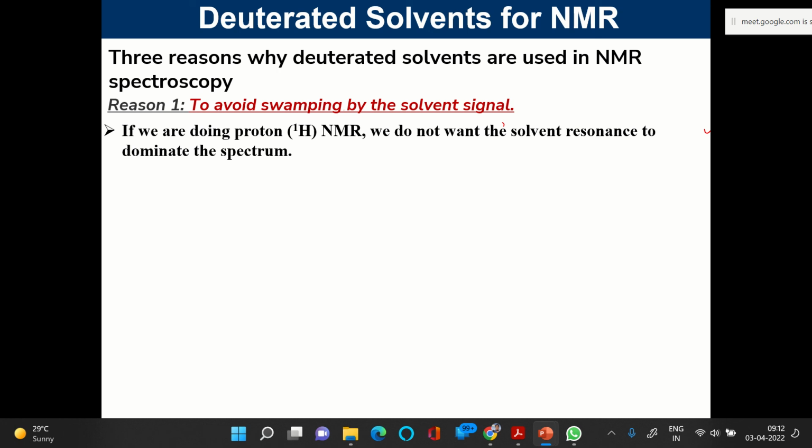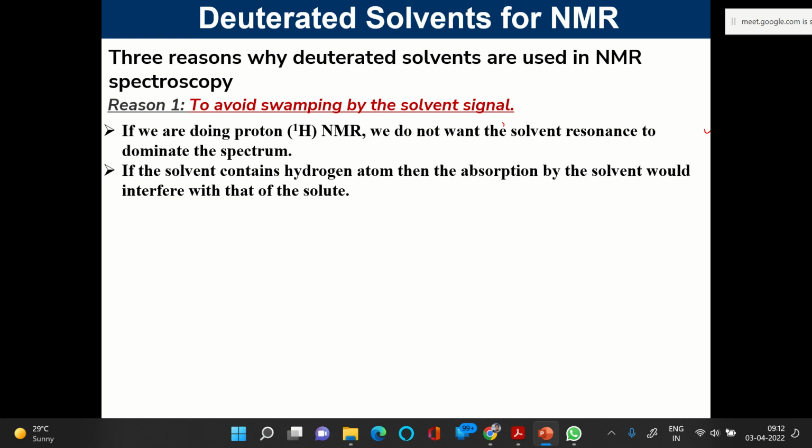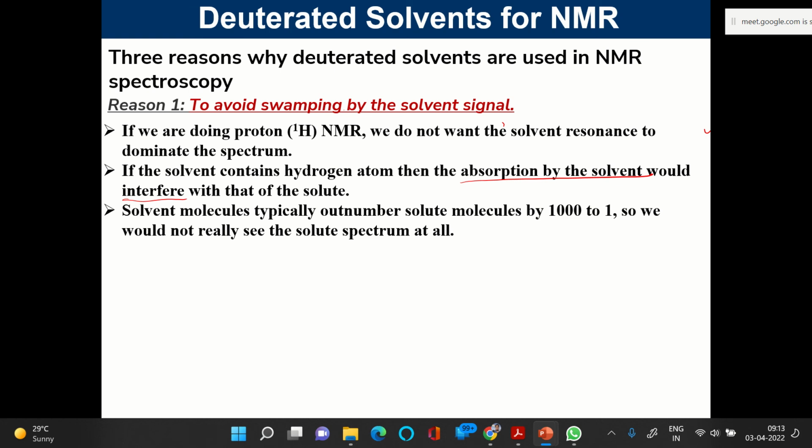The solvent is always in much larger amount than the solute, and it will dominate the spectrum. You will not be able to see the solute spectrum because the signal will be so high for the solvent, and you will have huge interference due to the absorption by the solvent.